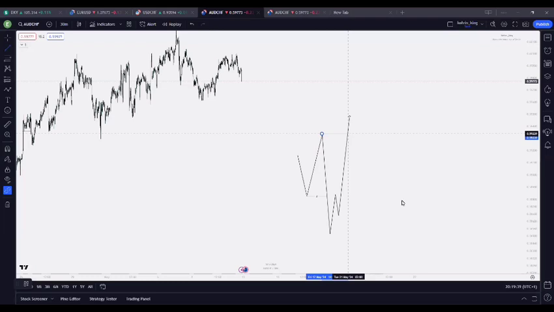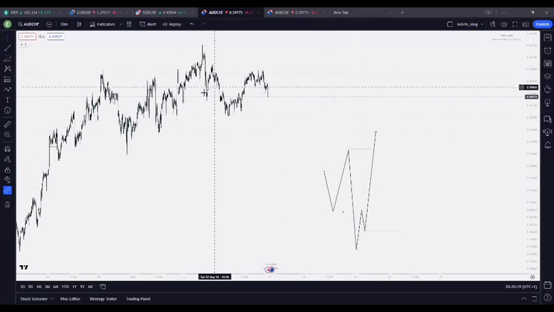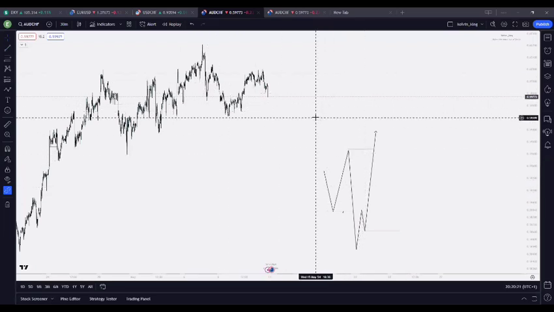All right. So basically, this is just my setup that I trade. Now, if I come to the chart, even if it's 30 minutes time frame, 1 hour time frame, 15 minutes, or even 5 minutes, if I spot something like this, I'm likely going to take the trade.